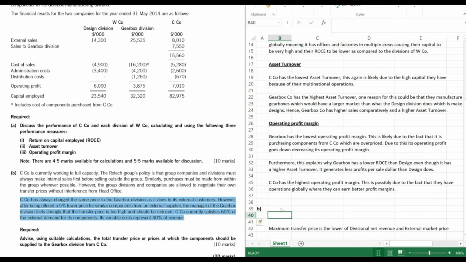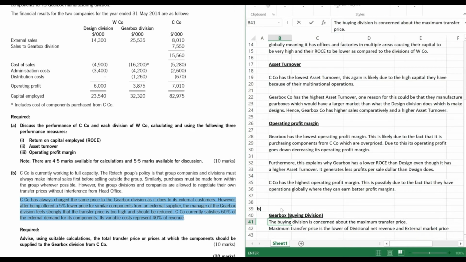So we're talking about the buying division, Gearbox. So let's give that heading, Gearbox, the buying division, right? And we'll make a generic point which we always should in a transfer pricing question. The buying division is concerned about the maximum transfer price, okay?